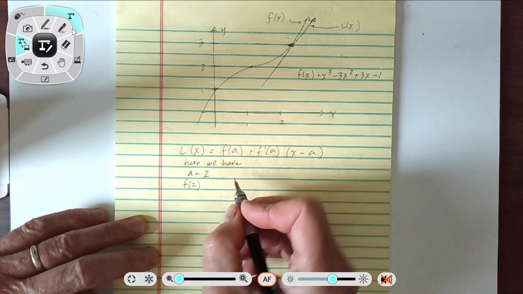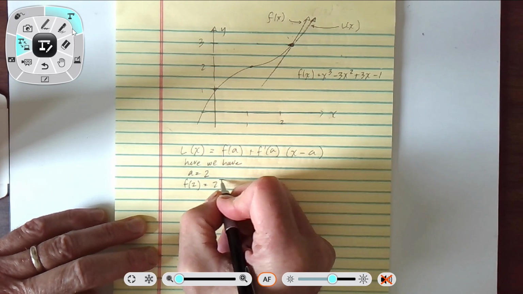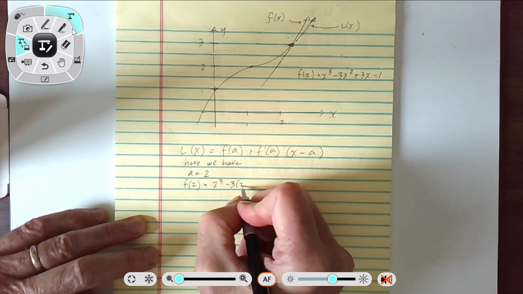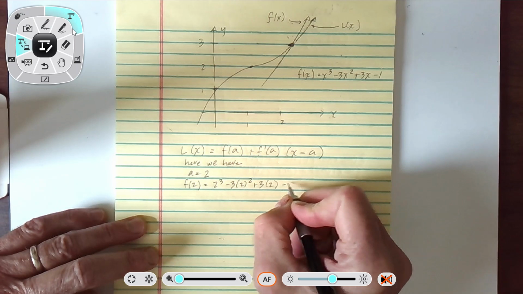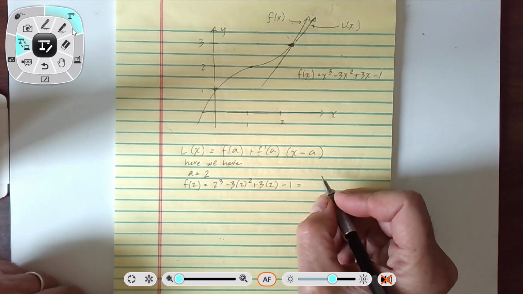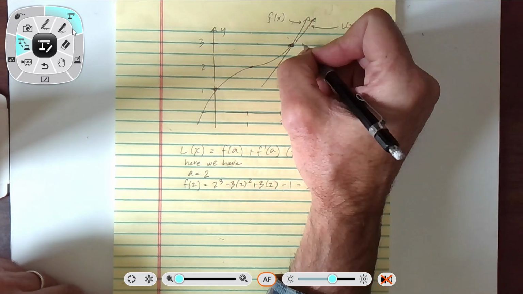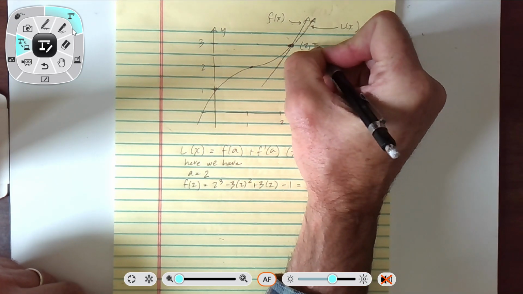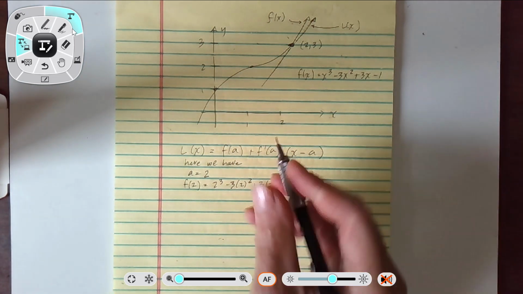So f of 2 would be 2 to the third minus 3 times 2 squared plus 3 times 2 minus 1. I've already done this, so I'll just tell you that f of 2 is 3. We also just did that on Desmos. It's the point 2 comma 3, so that's what we know f of 2 to be.